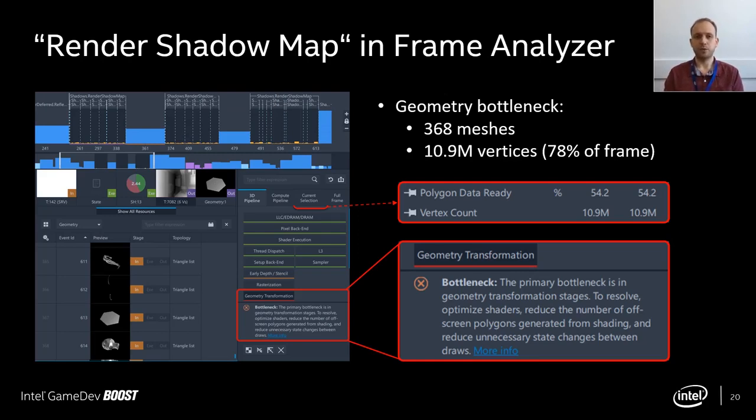So to summarize, there is a geometry processing bottleneck. You can try to batch your draw calls together. This would reduce the number of commands being recorded to the batch buffer, as well as increase the efficiency of the vertex cache usage.